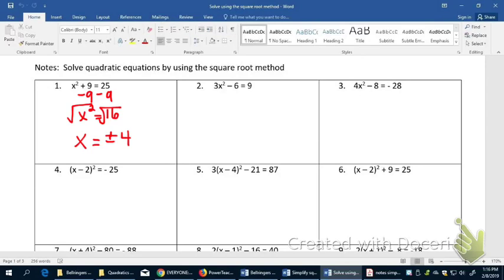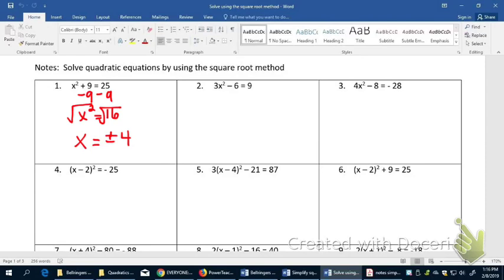The reason for doing that is because 4 times 4 is 16, right? But negative 4 times negative 4 is also 16, right?